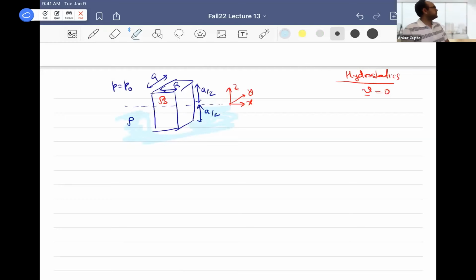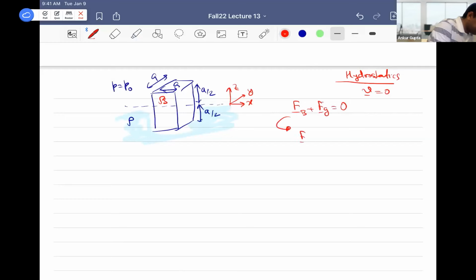In the air, the pressure is just constant P naught, and what we had shown, using buoyancy force and gravity force, is that the net force is 0. The buoyancy force is given by minus rho V submerged times the gravity vector, where capital V is the submerged volume.